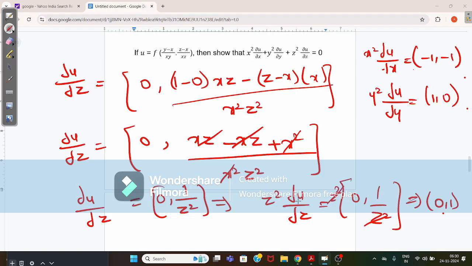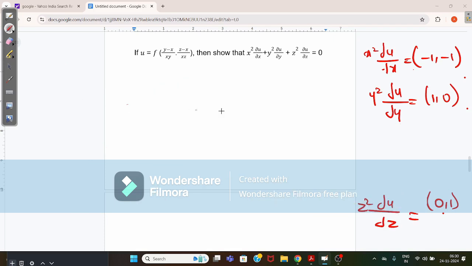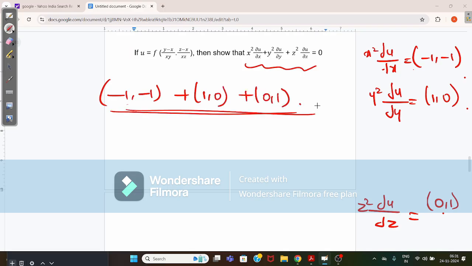So the value of z square dou u by dou z is equal to 0 comma 1. Okay, now when you substitute all these values in the given equation, we get minus 1 plus 1 comma 0 plus 0 comma 1. Okay, when you add all this, you will get the value 0, which is the required answer we have.